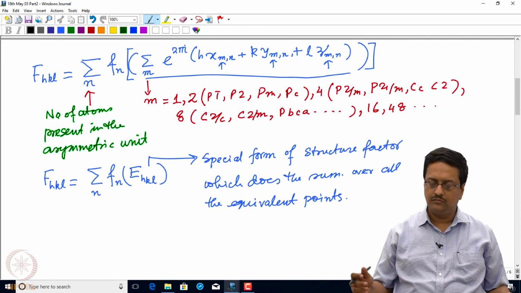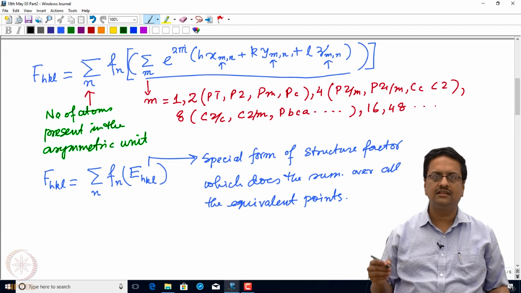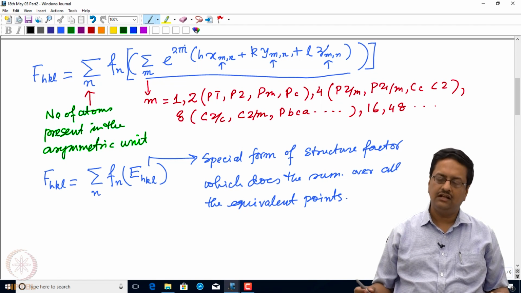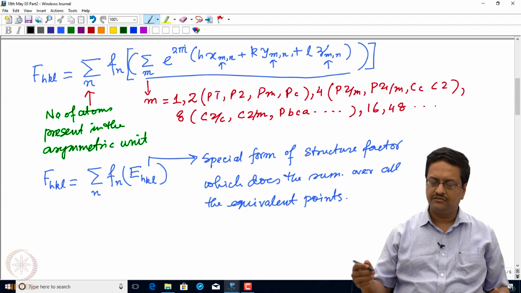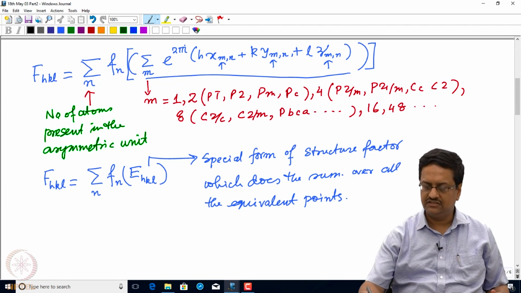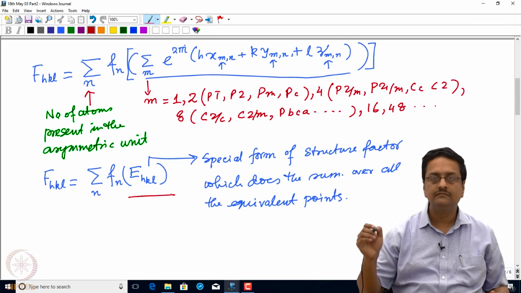We also showed that the structure factor is a Fourier transform of the electron density, and the electron density is a Fourier transformation of the structure factor. From there, we derived the special structure factor expression, which is written as EHKL.